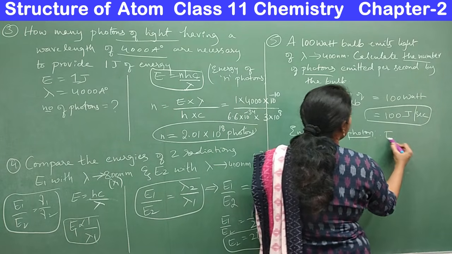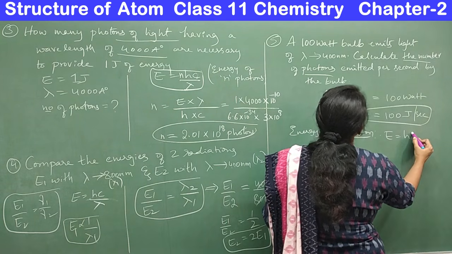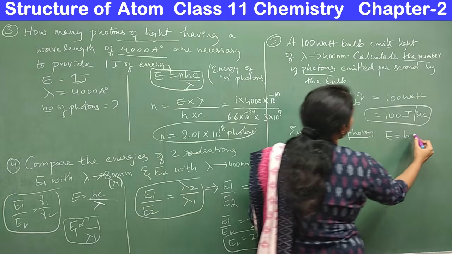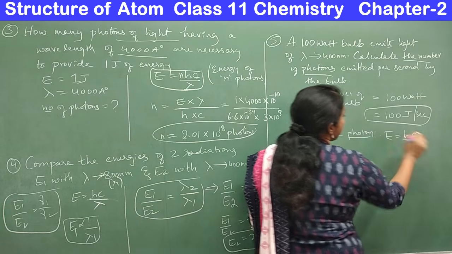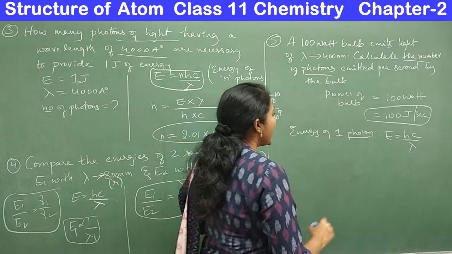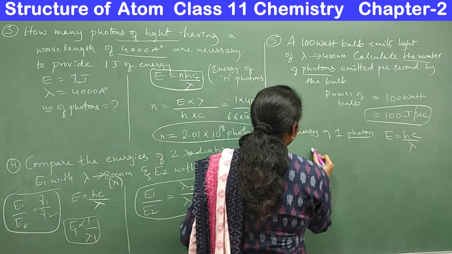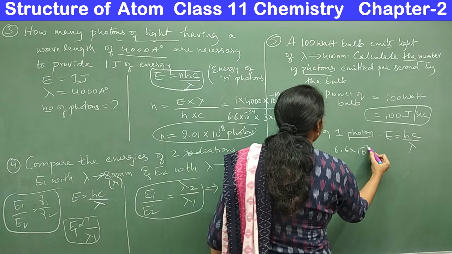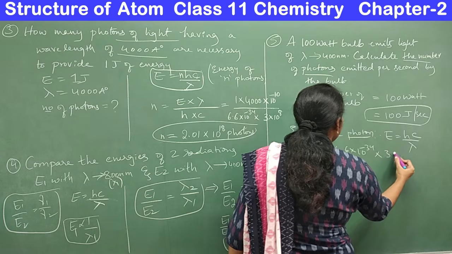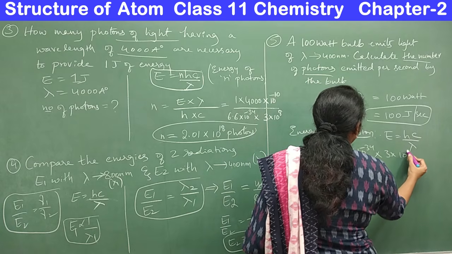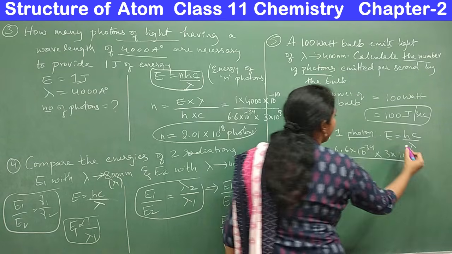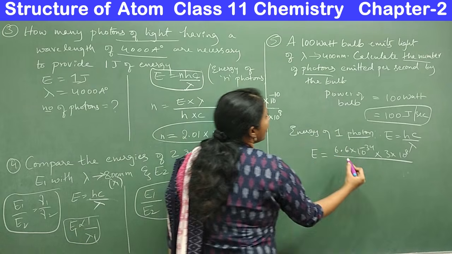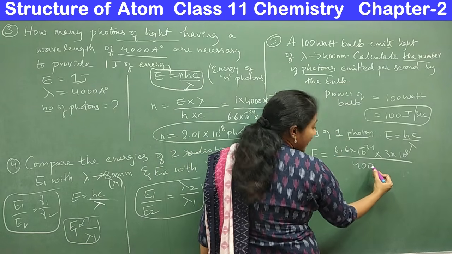Energy of one photon E is equal to h, what is given? Lambda, no? So let us write it this way. E is equal to hc by lambda. So calculate for one photon's energy. E is equal to h, which is 6.6 into 10 power minus 34, into c, which is 3 into 10 power 8 meter per second, divided by lambda, which is 400 nanometer.